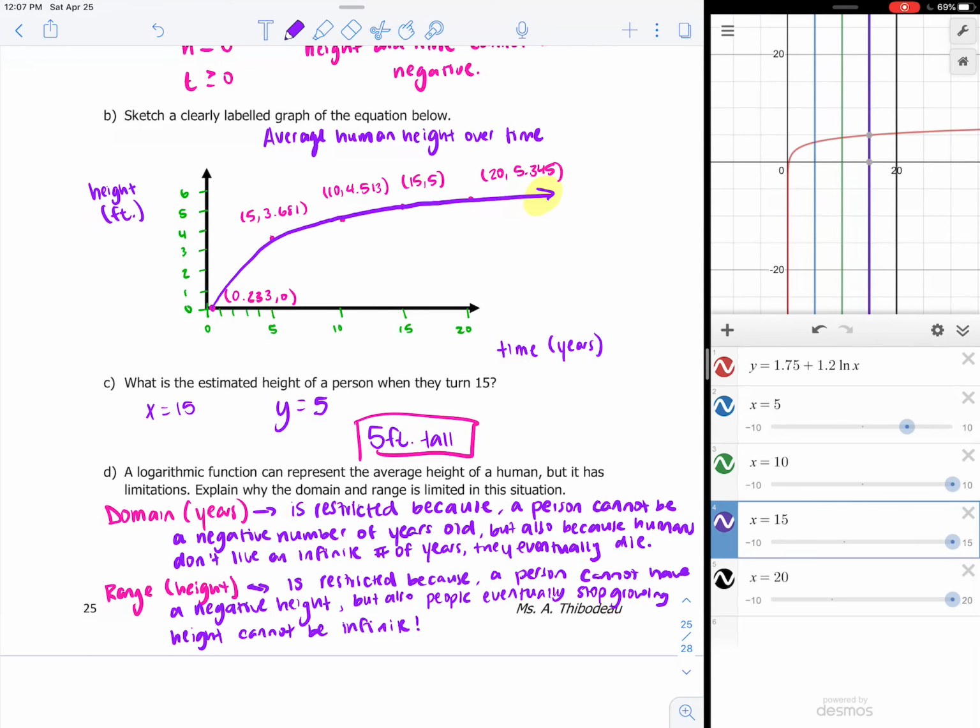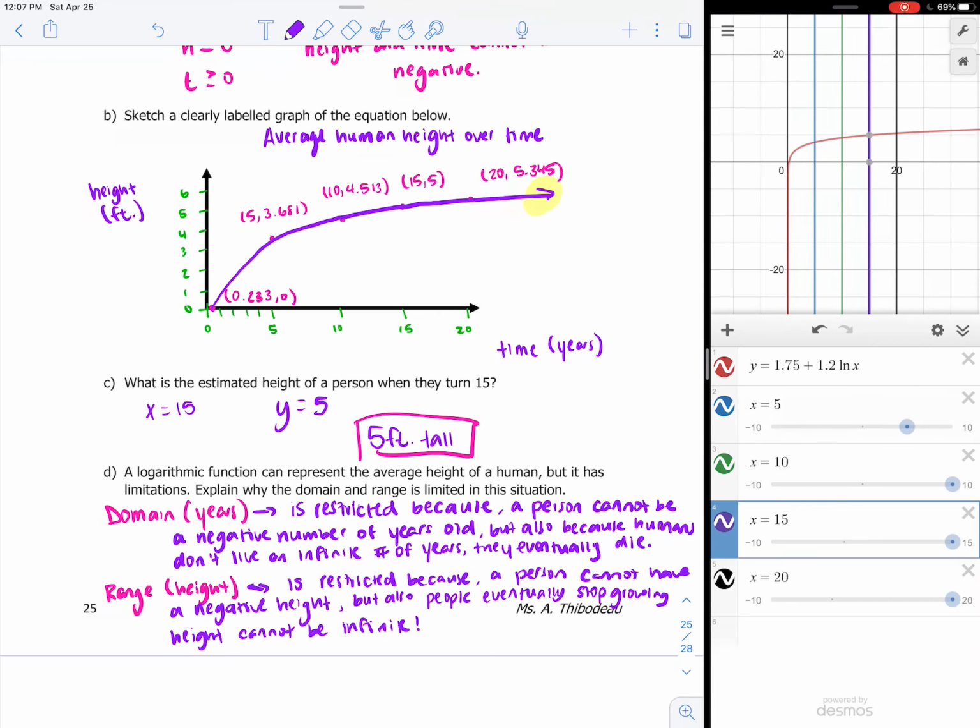So if we're talking about our domain and our range, yes, there are some very obvious restrictions in the sense that height and time cannot be negative. But we could also think about restrictions on the other end as well. In a situation like this, we can't determine the domain and the range. All we could say is that restrictions exist, right? Because every human will live for a different amount of time and will have a different maximum height.